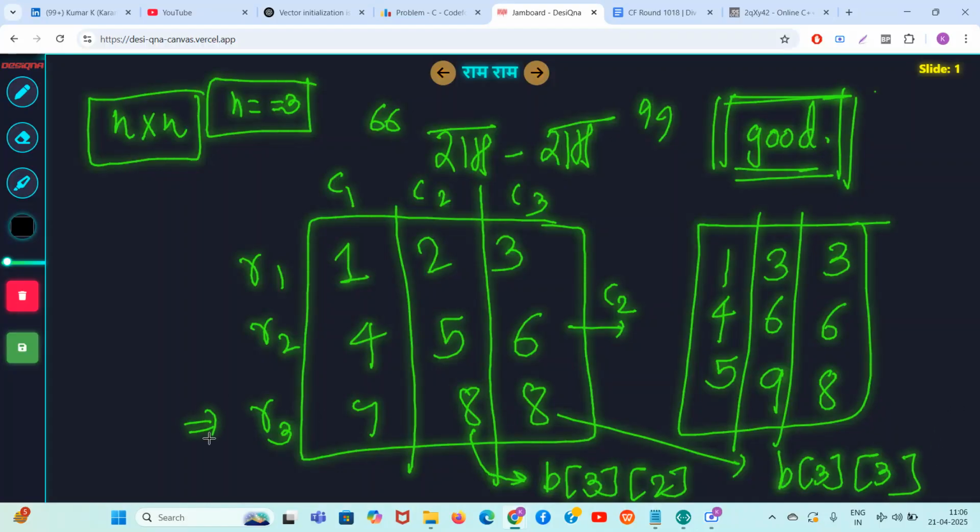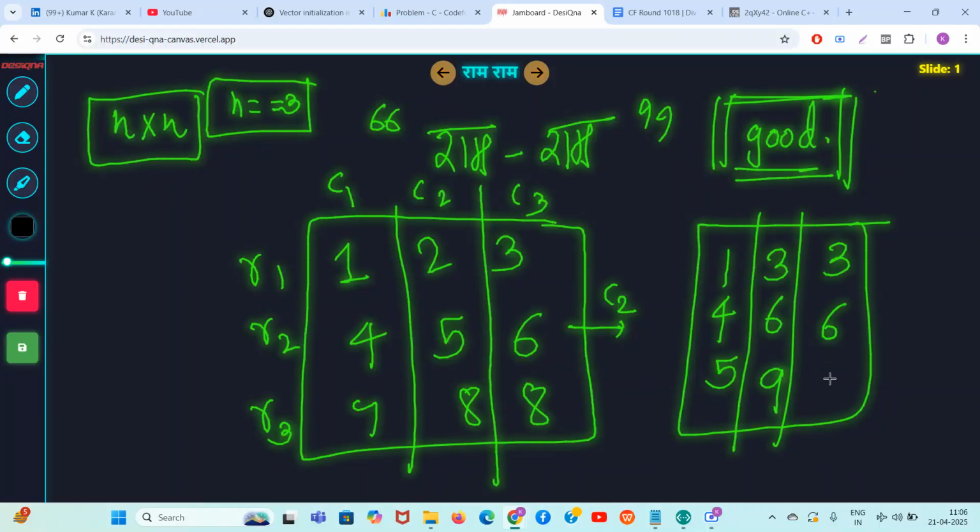So all are in the third row, only horizontal matching is happening. This is from the second column, this is from the third column. Either you can do the C2 operation or you can do the C3 operation. So if you do the C2 operation, this matrix is coming up. This was a bad matrix because there were two adjacent cells. Now there is no problem here.